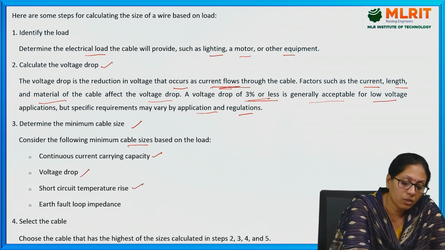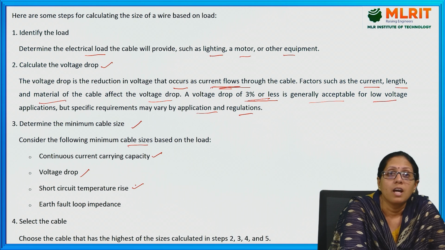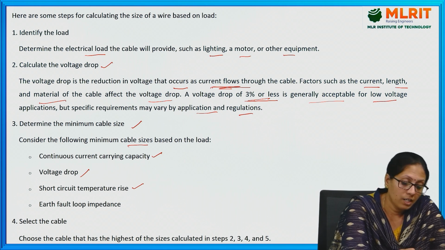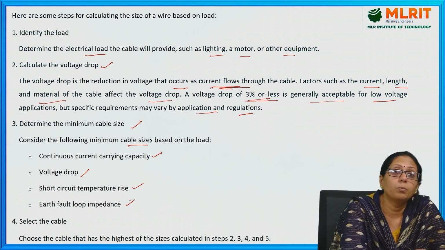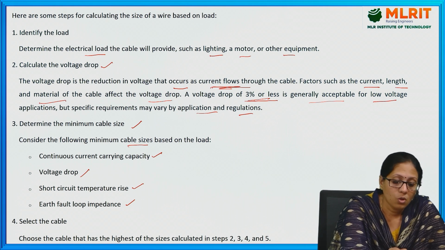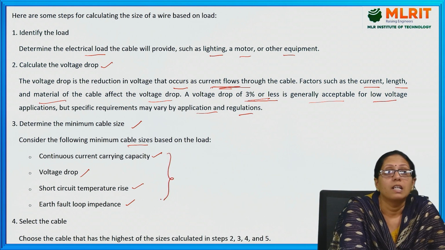Short circuit temperature rise: the cable should be resistant to short circuit temperature rises also. Next one is earth fault loop impedance. So, based on these, the cable size is decided.